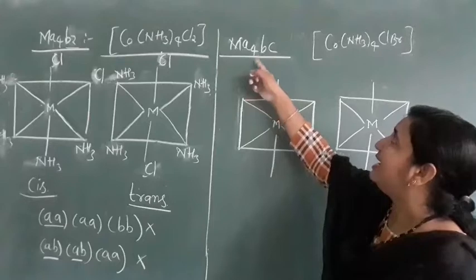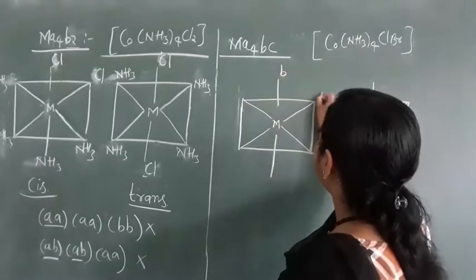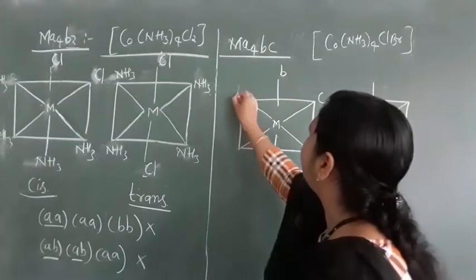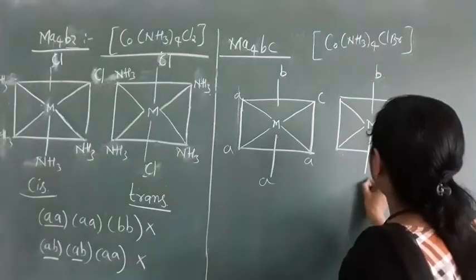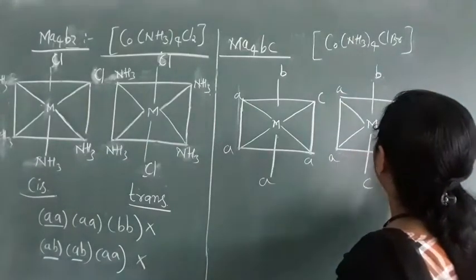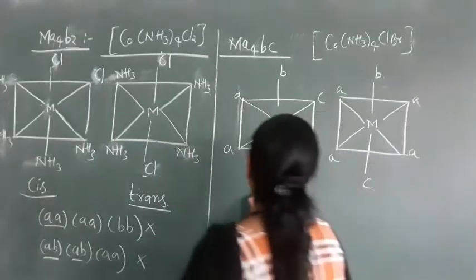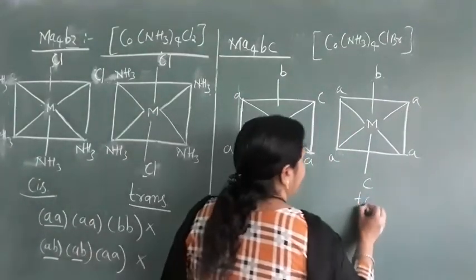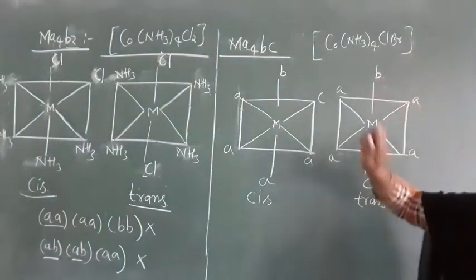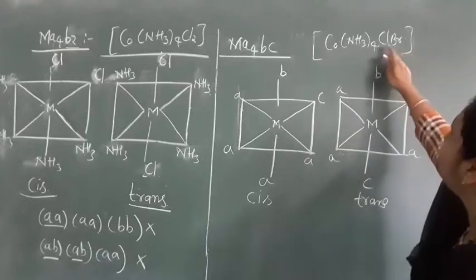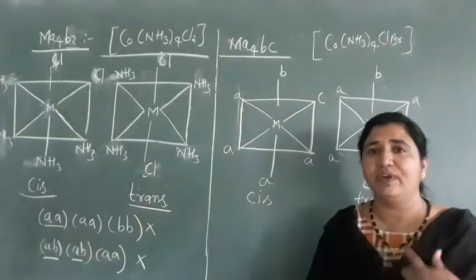Now the same we have for MA4BC. It is the same, just put B and C here. So it will be the cis form, with the remaining A's written here. Here B and C will be in cis form, and in the other B and C are trans. So this is the cis form and this is the trans form. An example is [Cu(NH3)4ClBr], where Cl and Br will be in cis and trans forms.